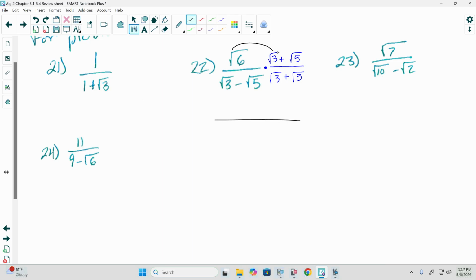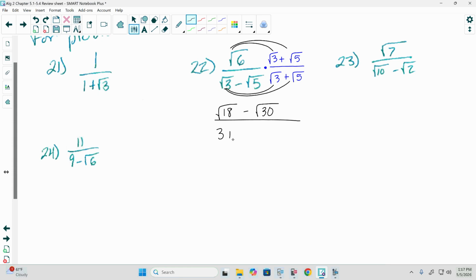On top, we would distribute through. Square root of 6 times the square root of 3 would be the square root of 18. Square root of 6 times 5 is going to be the square root of 30. On bottom, square root of 3 times square root of 3 would be the square root of 3 squared, square root of 9, which would be 3.